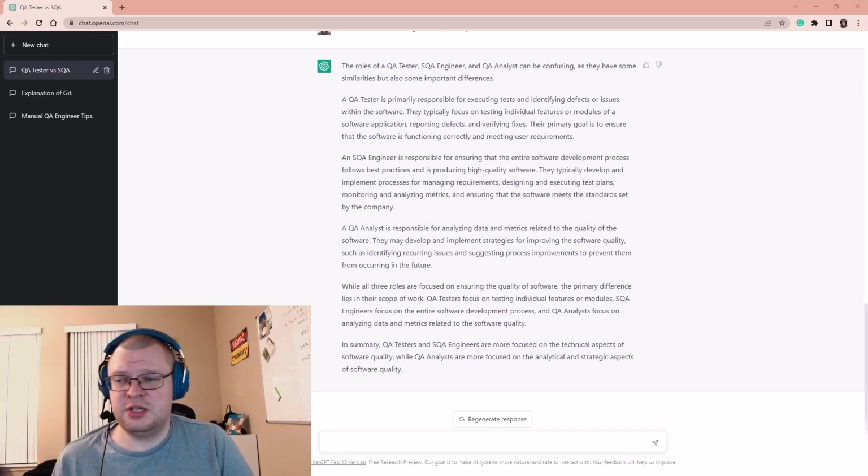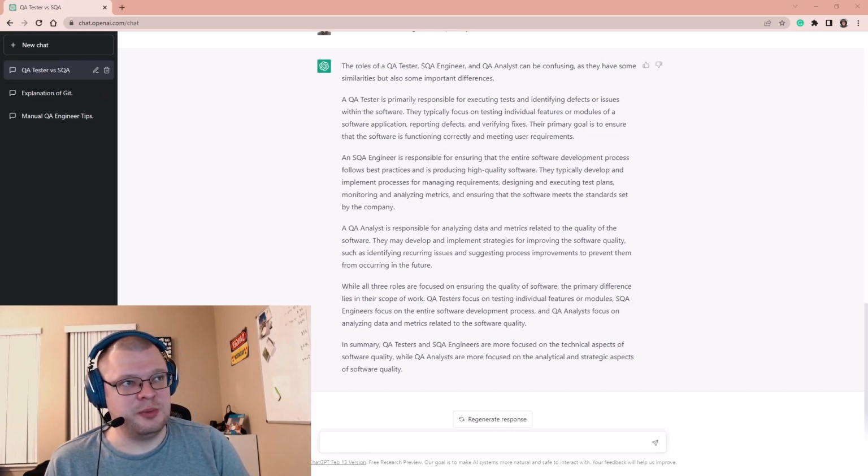All right. So, as ChatGPT says, the roles of QA tester, SQA engineer, and QA analyst can be confusing as they have some similarities, but also some important differences. A QA tester is primarily responsible for executing tests and identifying defects or issues within software. They typically focus on testing individual features or modules of a software application, reporting defects, and verifying fixes.